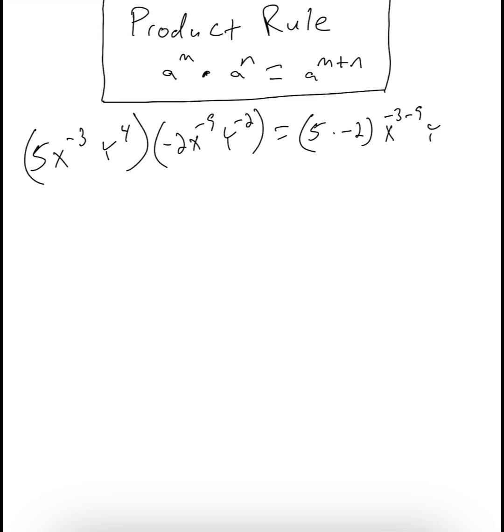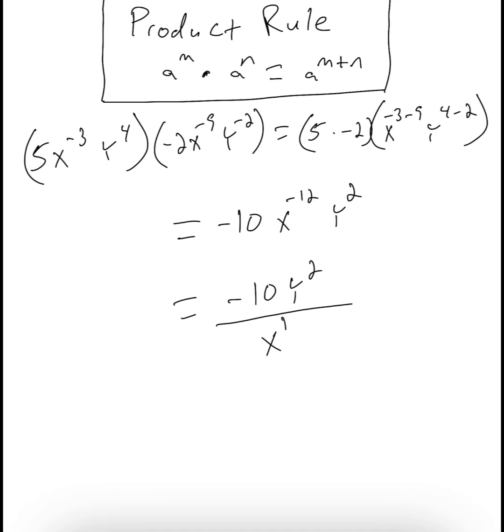Y raised to the power of 4 plus a negative 2, so 2. So now it's going to equal negative 10 x raised to the power of negative 12 y raised to the power of 2. It's going to equal negative 10 y squared over x raised to the power of 12.